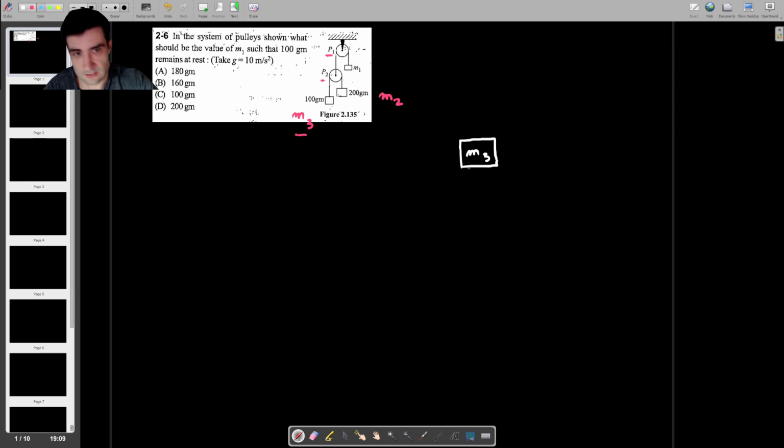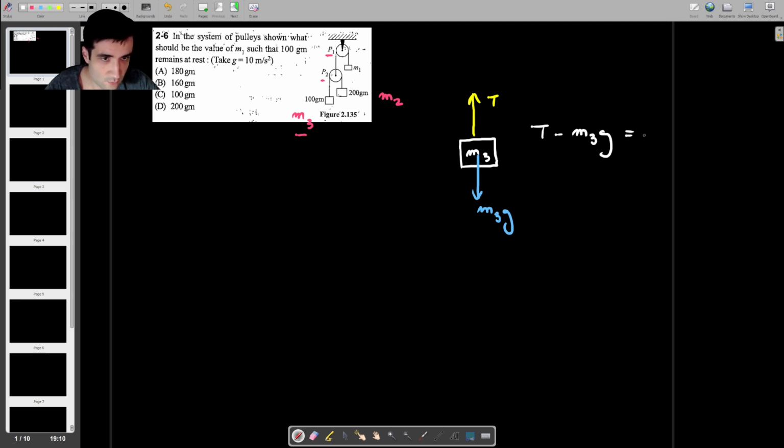There's the weight, which is M3G, and then there's the tension, like this. And what I would normally write at this point is that tension minus M3G is equal to M3A3, which is obviously correct.